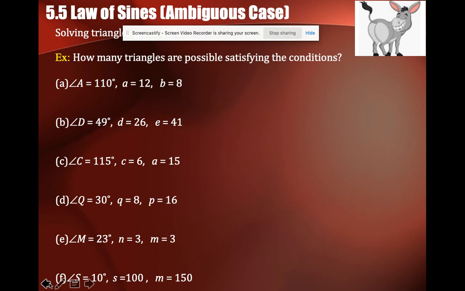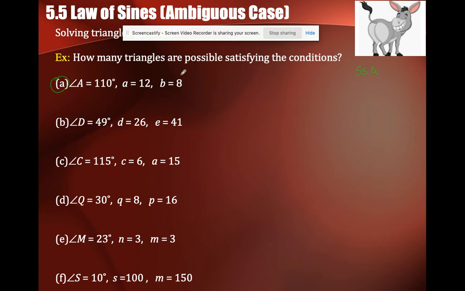So this question is asking you how many triangles. You don't have to solve a triangle. It just says how many triangles are possible satisfying the given conditions. Each one of these is a side-side-angle situation. Right?